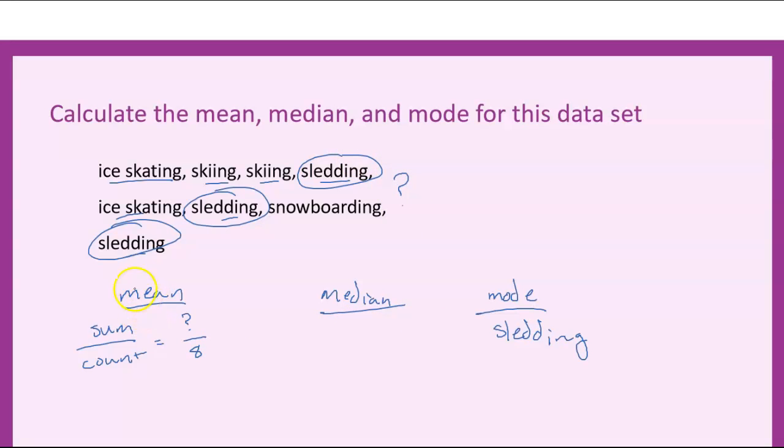You can't. You can't perform a mean on non-numeric data. Same with the median. You can't order these numerically. So there's no median and there's no mean for non-numeric data. So the only measure of center we have here is sledding, and that is the mode.